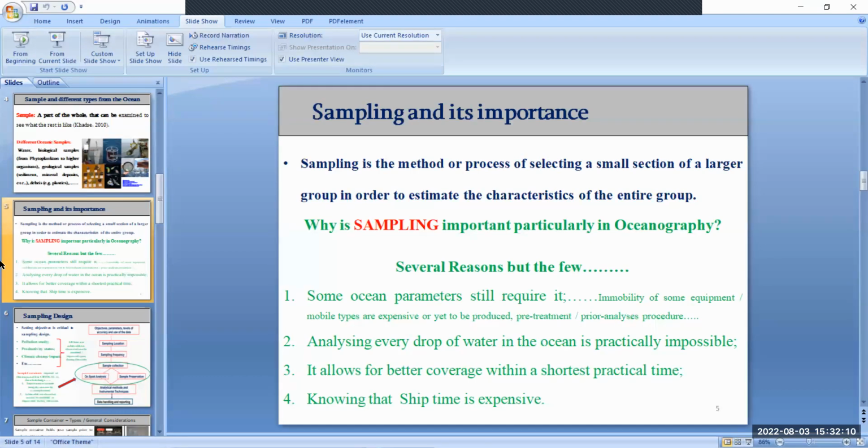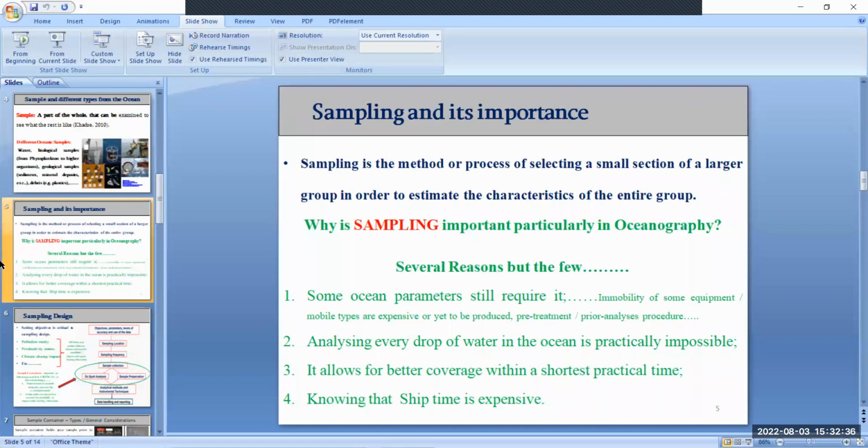The process of establishing the collection of that sample is generally referred to as sampling or the sampling method. There are several reasons in oceanography for sampling. It's an important step in oceanography, and it has a lot of reasons to back it up.